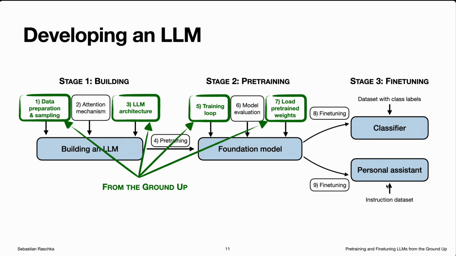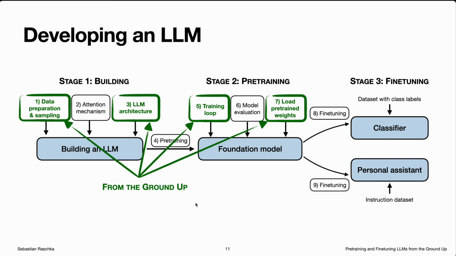And in this workshop, because we want to keep it relatively digestible, so let's say 3-4 hours, I won't cover all the topics in great detail, but I will focus on these 4 main points: the data preparation and sampling, coding the architecture, the training loop, and loading the pre-trained weights.